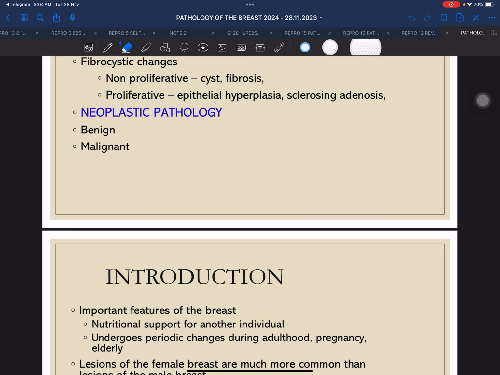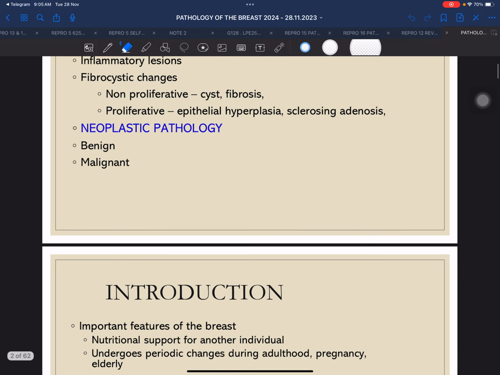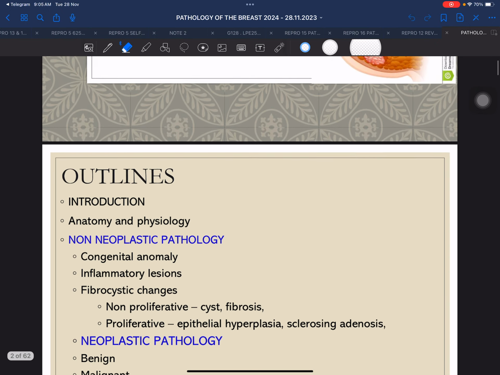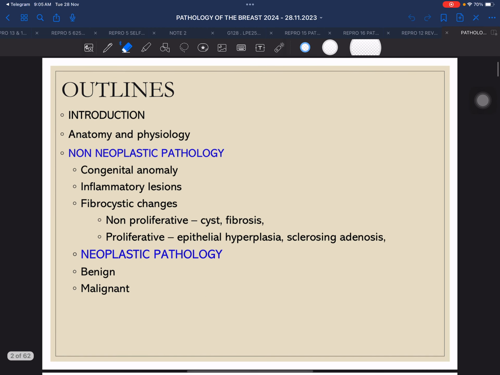The lecture today is on pathology of breast. It's also part of the reproductive pathology of the female tract. What we are going to discuss in this chapter is the common pathology in the breast. There is a spectrum of non-neoplastic and neoplastic pathology.